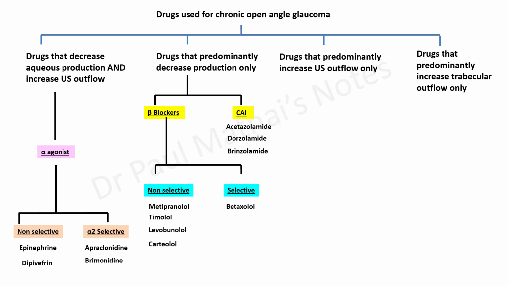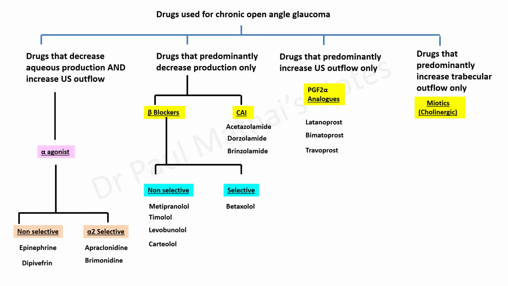Now, the next group of drugs are those that predominantly increase uveoscleral outflow only, and these include the PGF2 alpha analogs. The most important examples of which include latanoprost, bimatoprost, and travoprost. Finally, there are drugs that predominantly increase trabecular outflow only, and these include the cholinergic miotics.